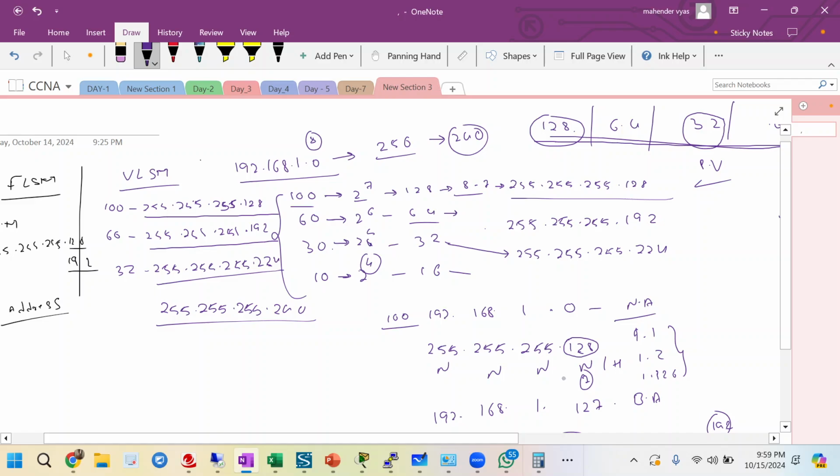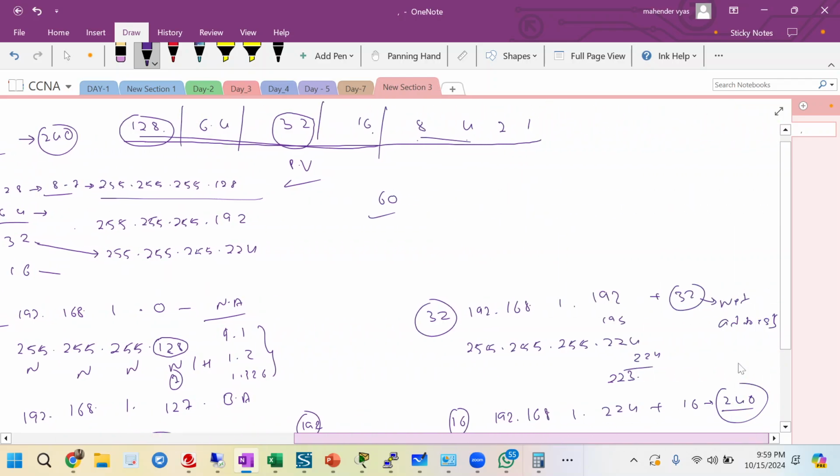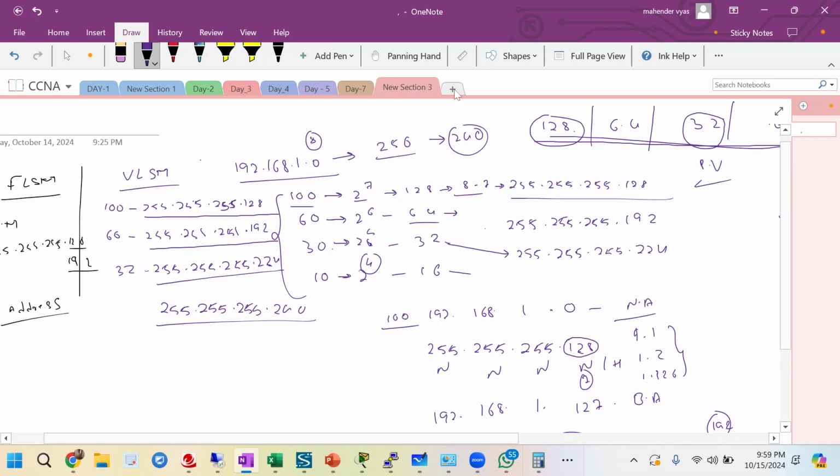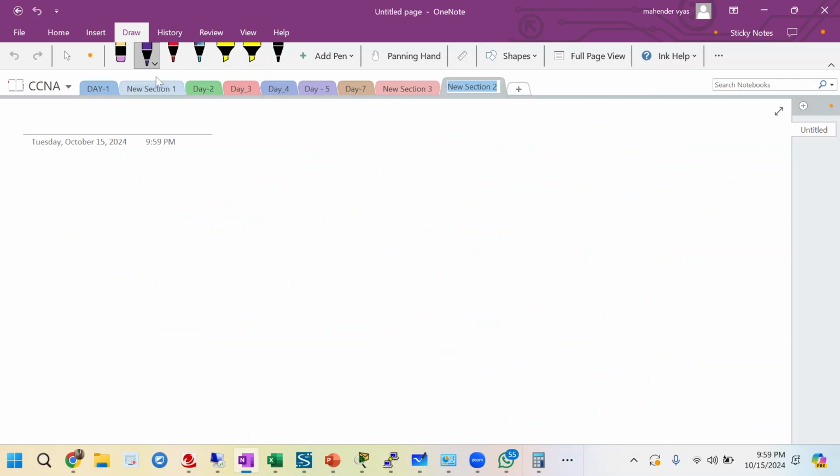Hold on. Now let me write one more table for you to understand how FLSM worked and how VLSM works. Suppose we have one table. This is FLSM, this is VLSM, this was our requirement. In FLSM your requirement cannot be changed.